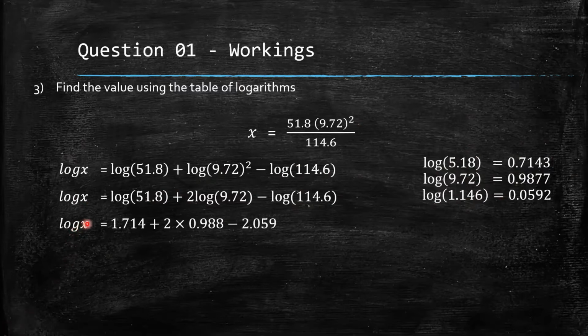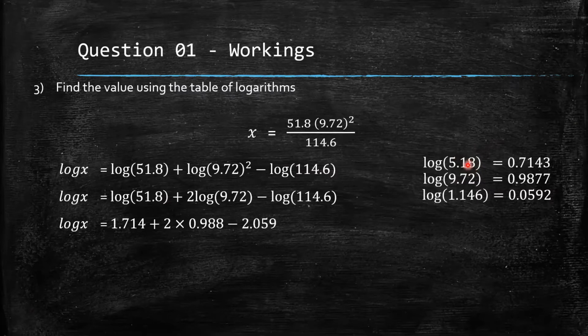So log x will be equals to, now you can see the value here is 5.18. But in order to get 51.8, we need to move this decimal point forward by 1 place.